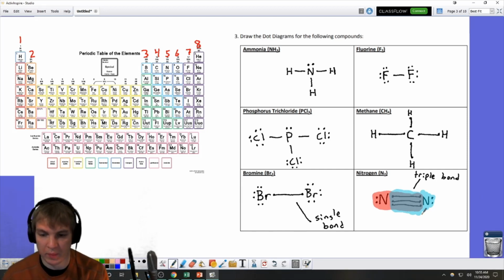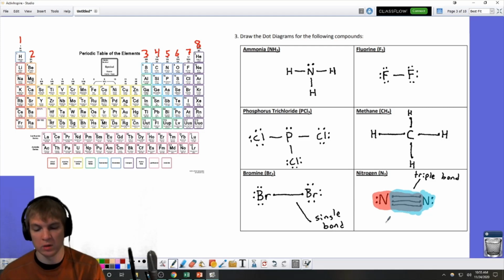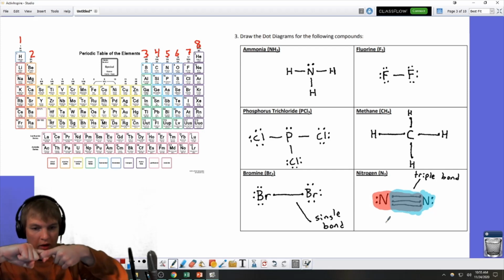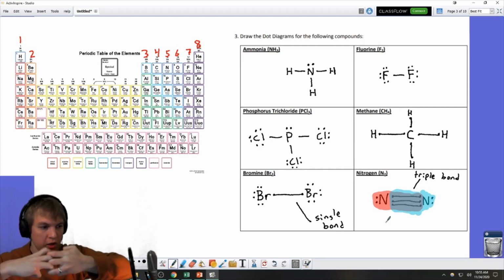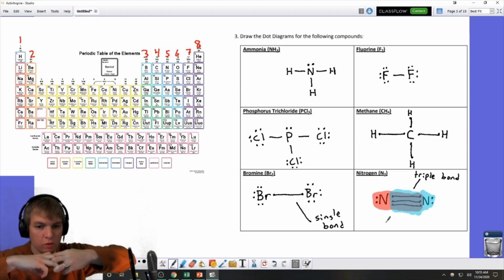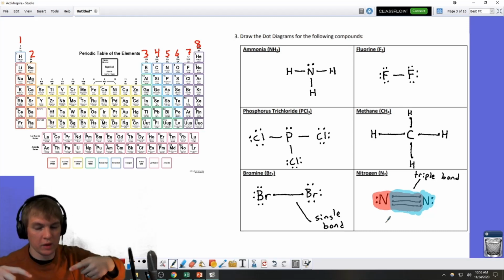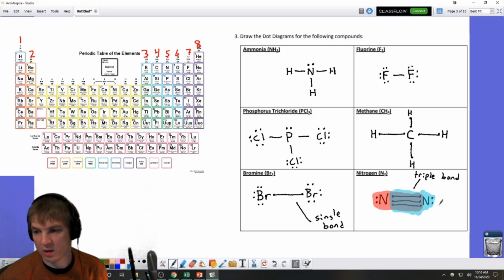So the question might be now that if I ask you what bond is going to be stronger, is it going to be the single bond between the bromines, or is it going to be the triple bond between the nitrogens? Well, if you did this little test where if you linked up your fingers like this, if you only linked up one finger and pulled them apart versus 3 fingers, it's much harder to rip apart 3 fingers than it is 1 finger. So you can kind of do that test. The triple bond is going to be significantly stronger of a bond than the single bond is for the bromine.